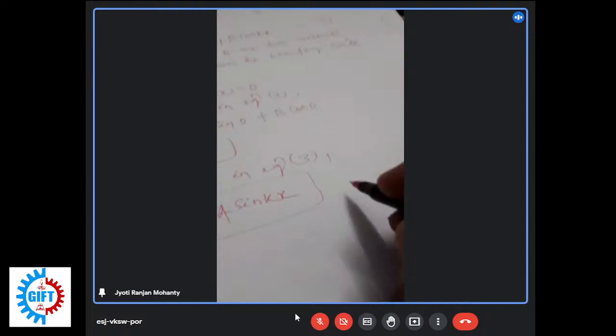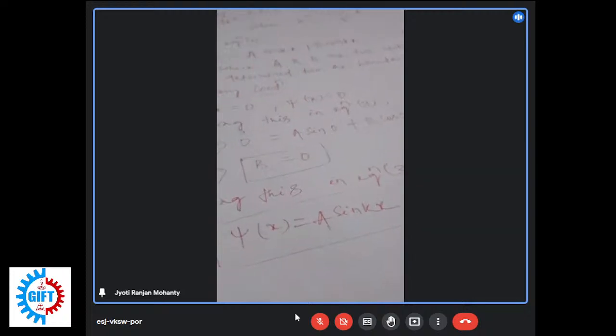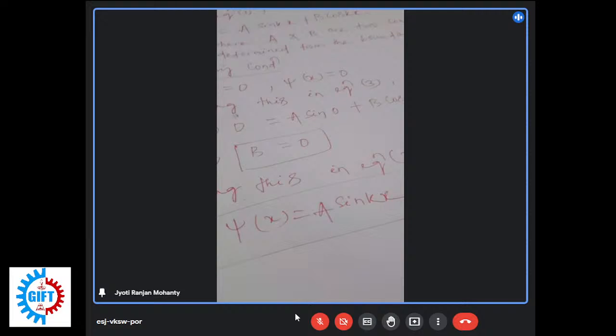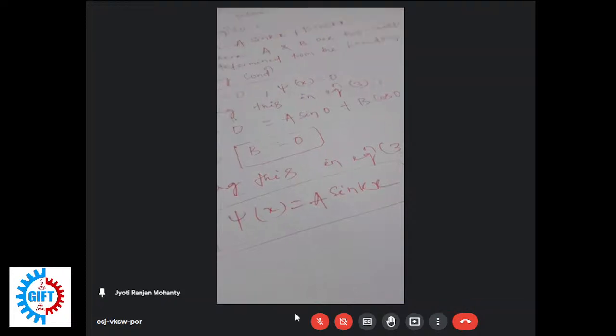This is equation number 4. So if b is equal to 0, psi x is equal to a sin kx. Yes, sir.